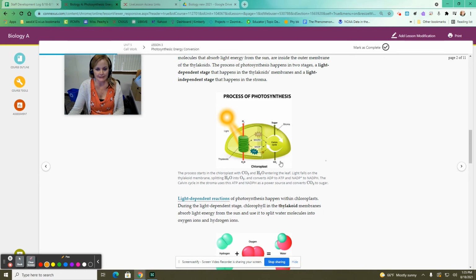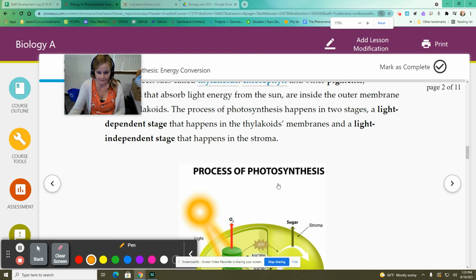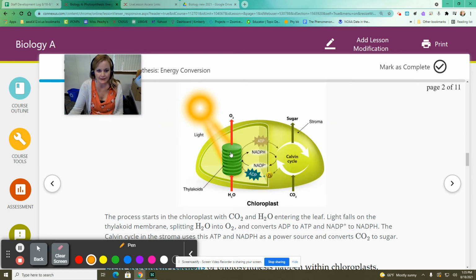And you can see in this picture here a schematic of that. Light comes in, oxygen goes out, water comes in, oxygen goes out, and both NADPH and ATP are created. They leave the thylakoid and enter into the stroma, which is that fluid that surrounds the thylakoid.